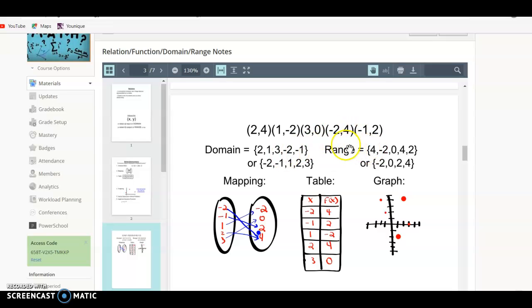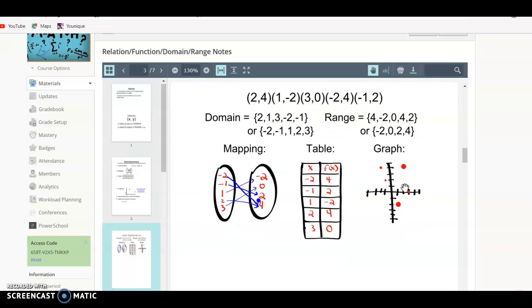Our range, y values, also known as your output, is 4, -2, 0, 4, and 2. Notice how we have the number 4 twice in the range. When we actually write it down, we only have to write it once. We can represent the same relation in mapping, a table, or a graph.